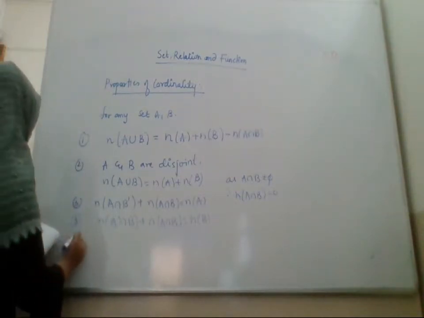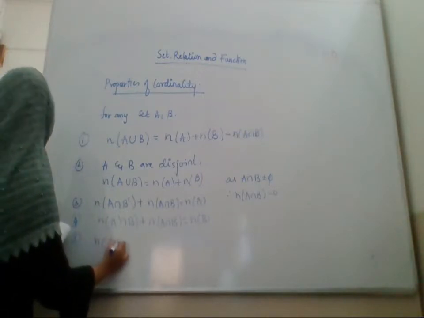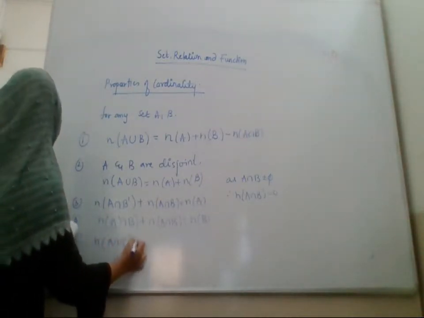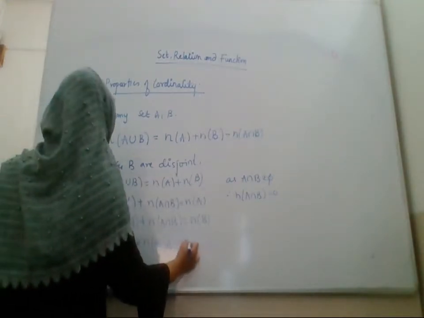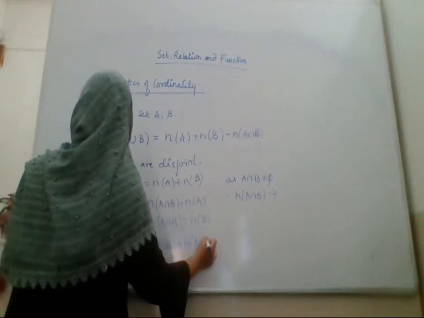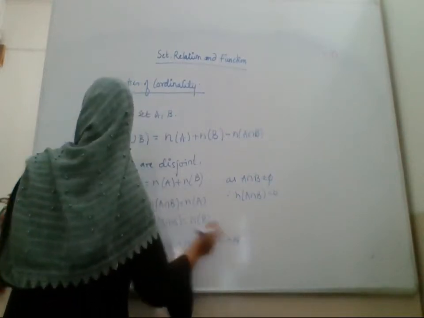Now the next one is cardinality of A intersection B complement plus cardinality of A intersection B plus cardinality of A complement intersection B is equal to cardinality of A union B.